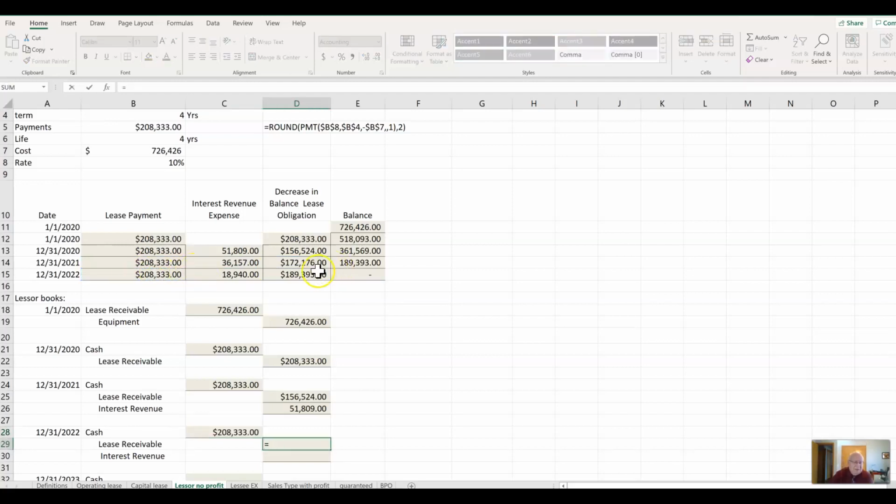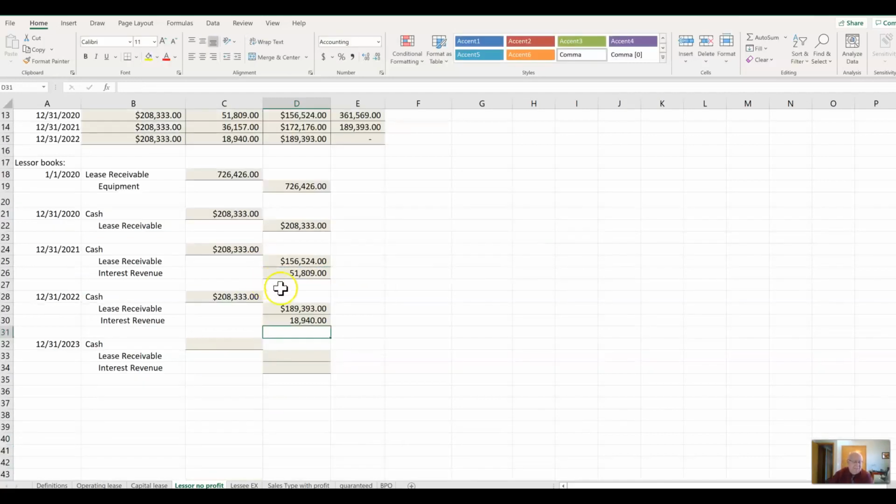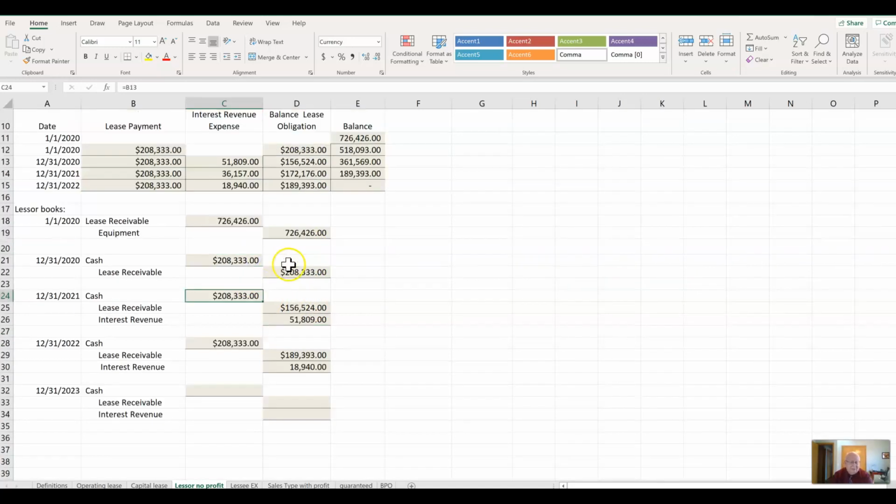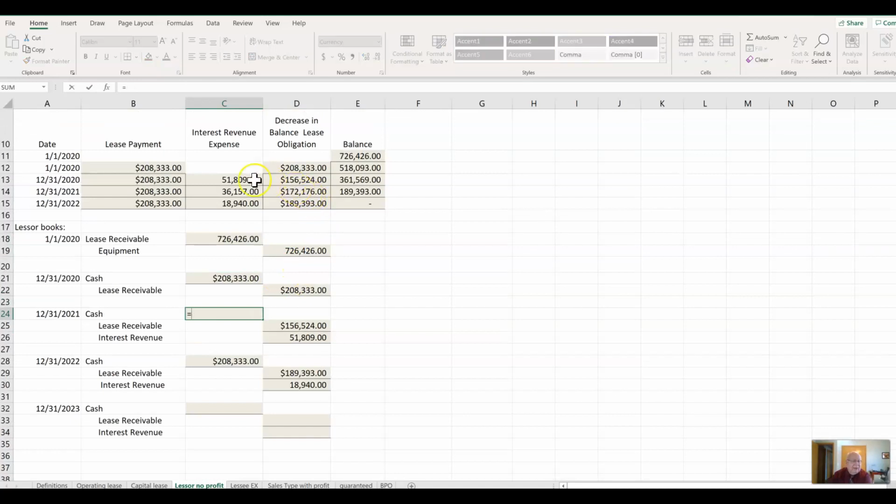And lease receivable 189, and interest is okay. And then the 20, did I get the wrong ones? 28333, let's see, that's the first one. Oh, this was supposed to be the second one, wasn't it? Okay, I got on the wrong line.